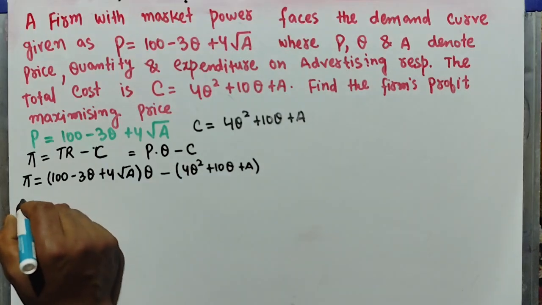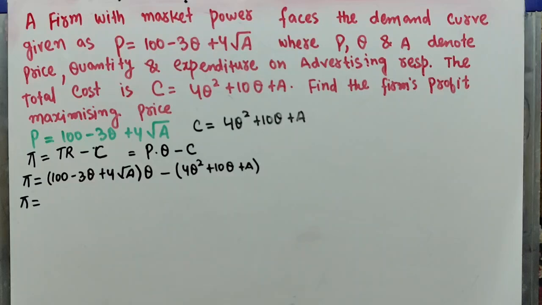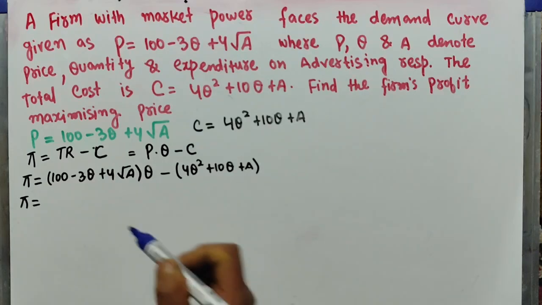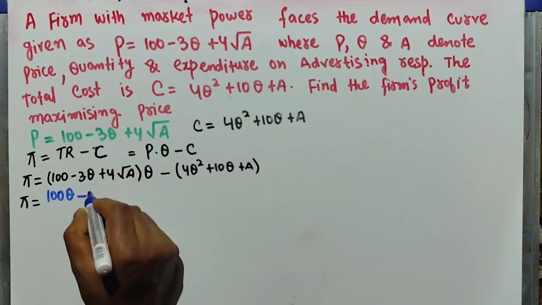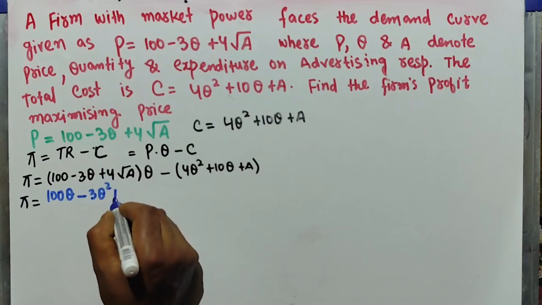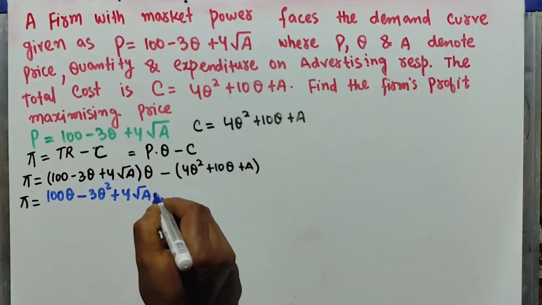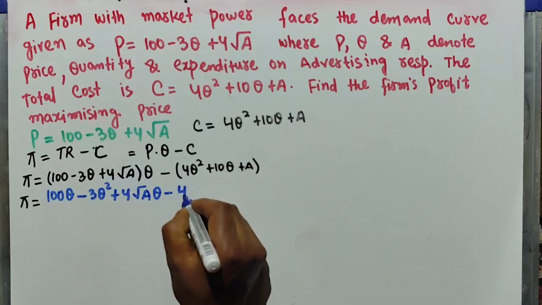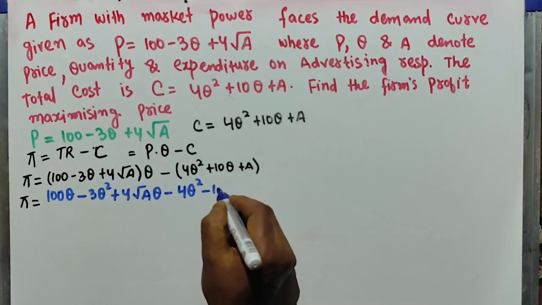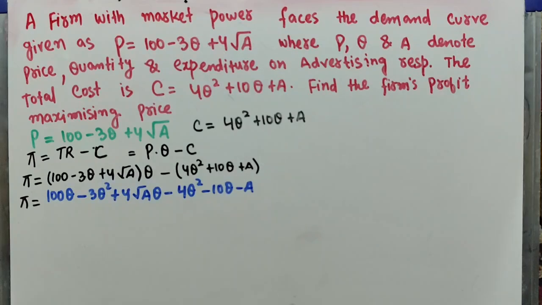Let us further solve the profit function. Q is multiplied to each of these terms, so it becomes 100Q minus 3Q square plus 4 under root A times Q, minus 4Q square minus 10Q minus A. Let's find the like terms.